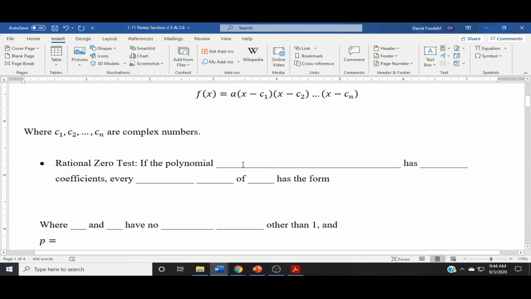Rational zero test. If polynomial, now this can actually take a little while.